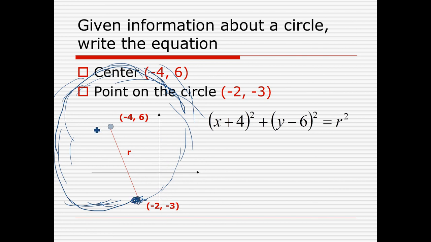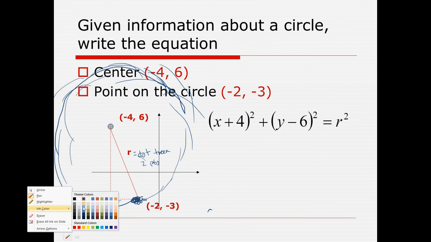Well, I wonder how far that is. It's a diagonal line. How can you tell what this distance is? What is the radius as a distance between 2 points? It's just that the 2 points have to be one at the center and one on the circumference. Isn't that just the distance formula? How far did you change in the x direction?